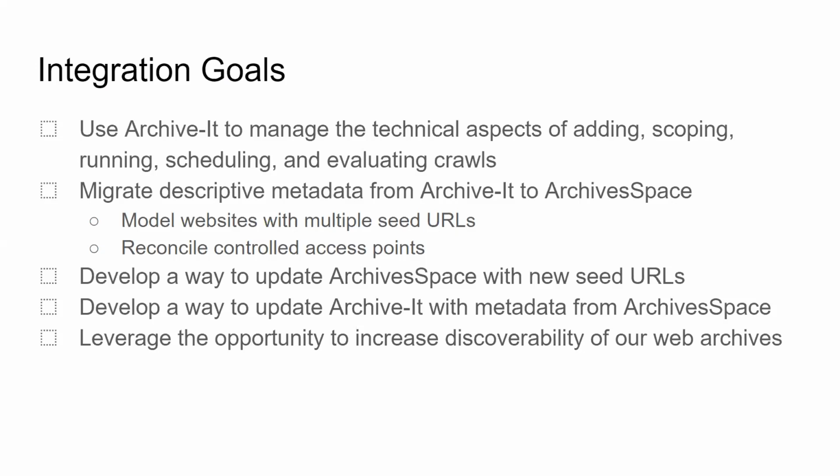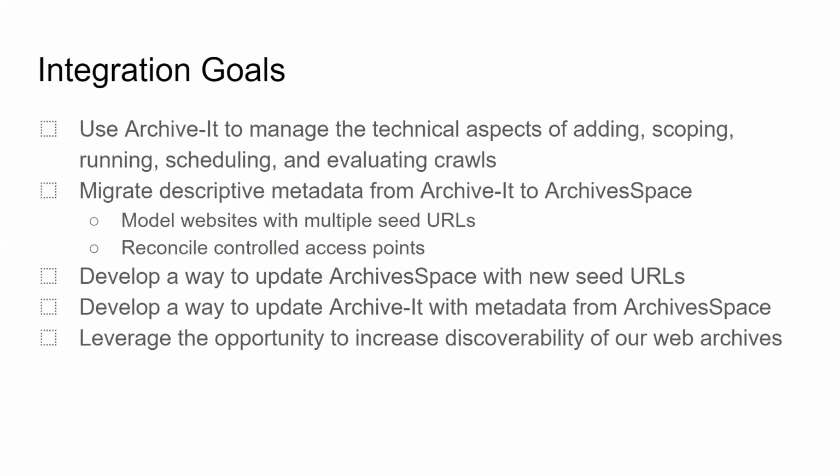We wanted to continue to use ArchiveIt for the essential function that it served for us, which was to manage the technical aspects of adding, scoping, running, scheduling, and evaluating crawls. We also wanted to migrate our existing descriptive metadata from ArchiveIt to ArchiveSpace, because we wanted to start creating and managing description in ArchiveSpace.